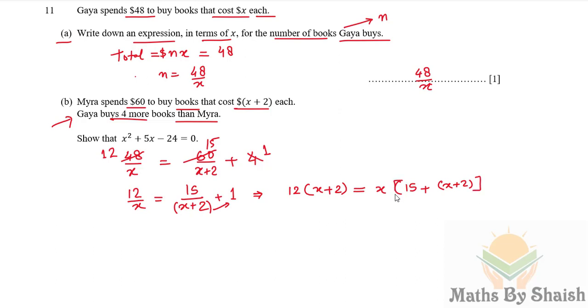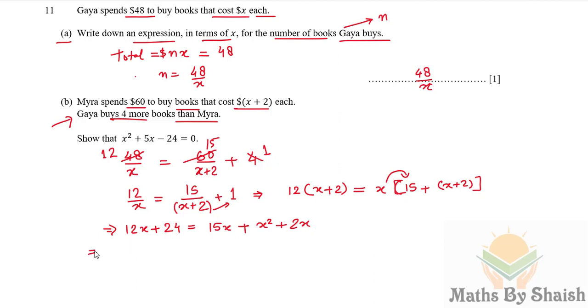I'll write a square bracket here, so this becomes 12X plus 12 twos are 24 equals X into 15X, plus there is no other number, so X into X becomes X square, X into 2 is 2X.